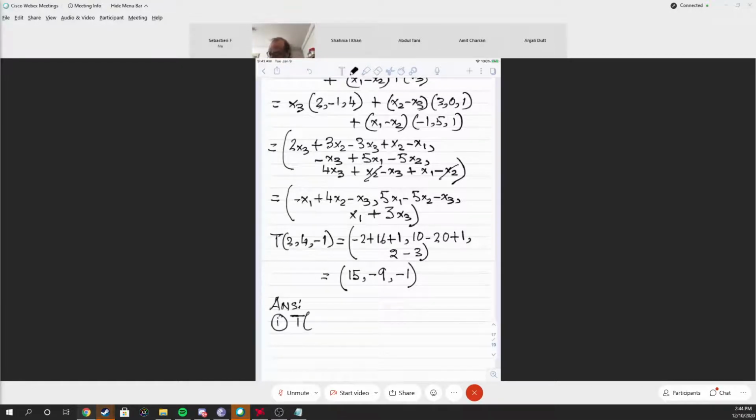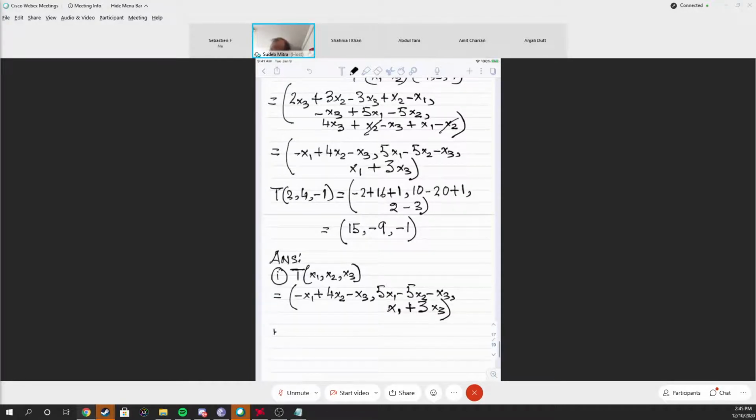T of (x1, x2, x3) is equal to minus x1 plus 4x2 minus x3, 5x1 minus 5x2 minus x3, x1 plus 3x3, and T of (2, 4, minus 1) is (15, minus 9, minus 1).